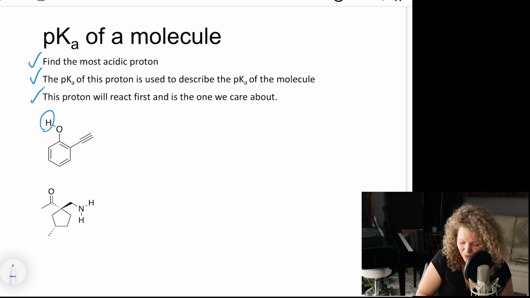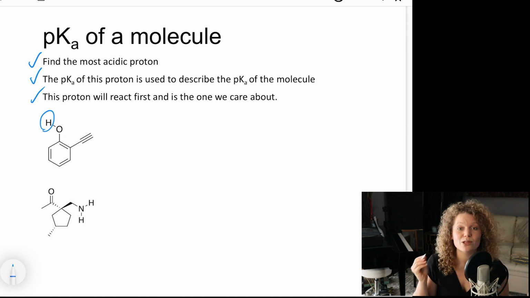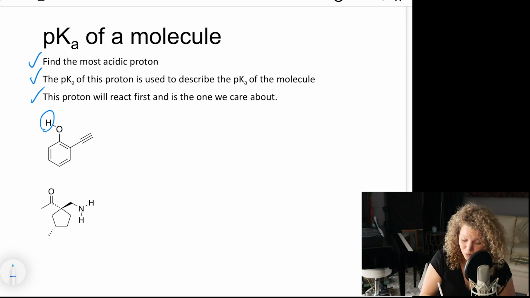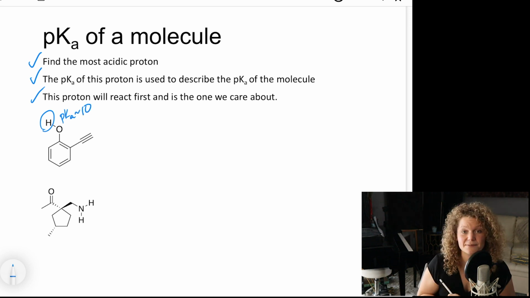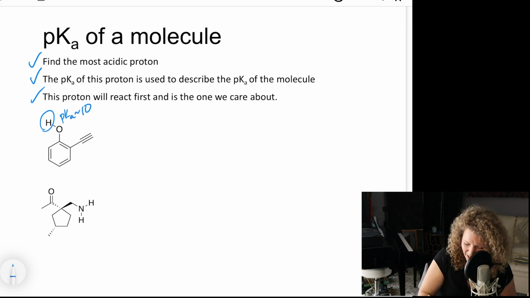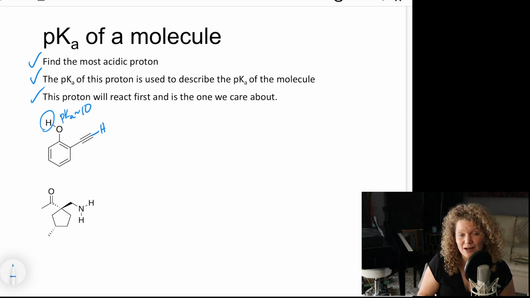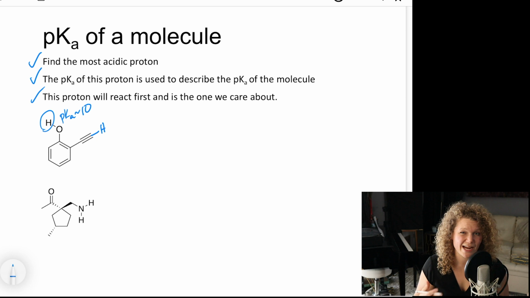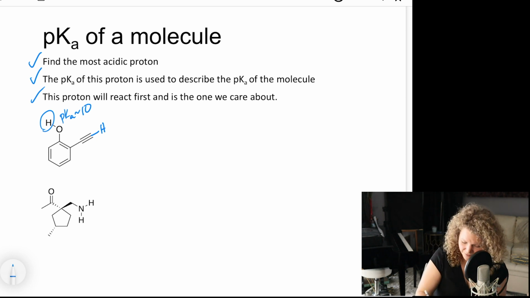It's an alcohol that's on an aromatic ring. And if we look back at the slide before, we see that this proton has a pKa of around 10. Now there's also another slightly acidic proton, and it's not shown, but it's on the end of this alkyne. This proton here has a pKa of around 25.